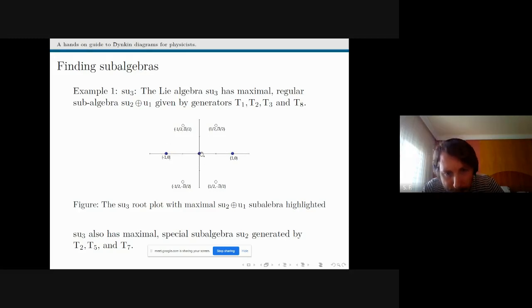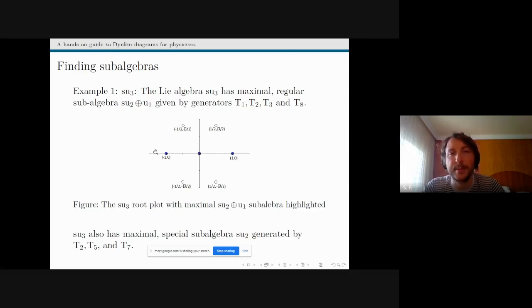These highlighted elements here, including both elements at the origin, form an SU2 plus U1 subalgebra of SU3, right? And notice that because we include this U1 element, this is non-semi-simple.